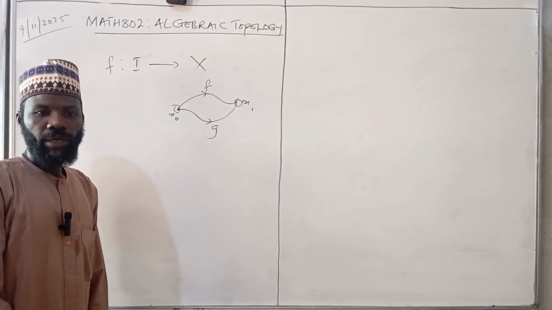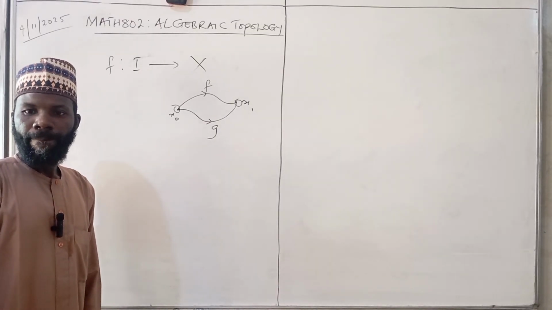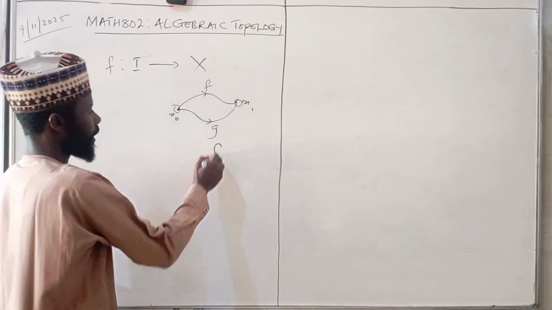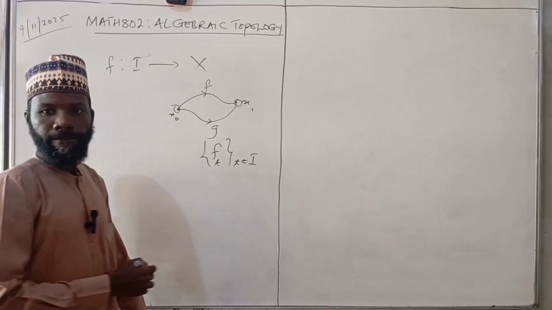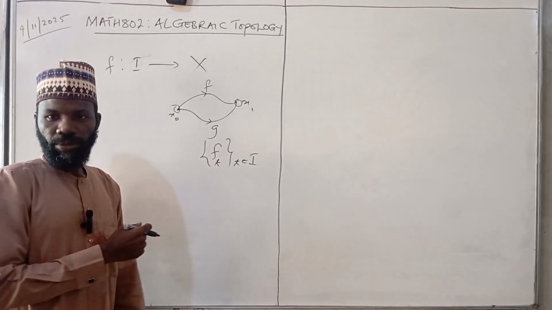You remember what we call homotopy? It's a continuous family of continuous mappings. And the mappings should be from where to where?